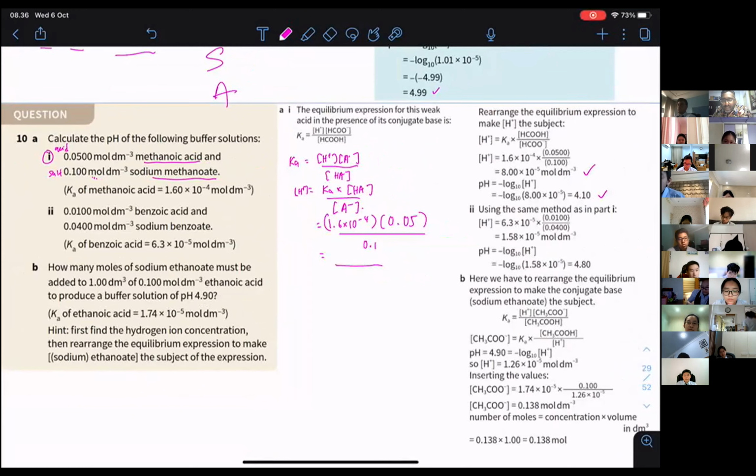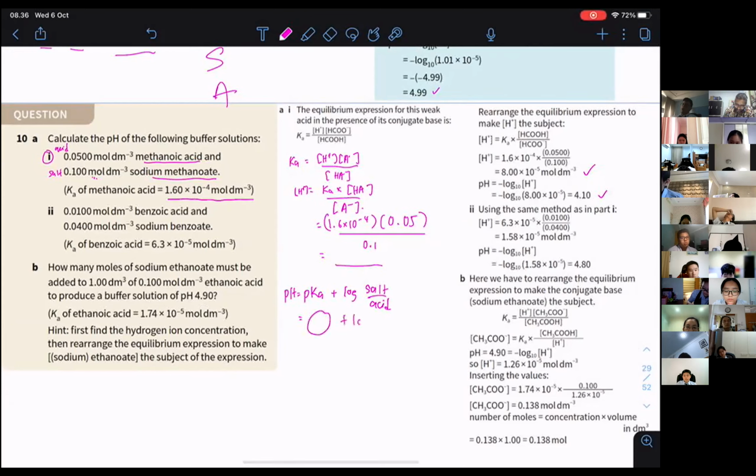But if I want to use the formula, still okay. You can still use the formula pH equals pKa plus log, remember SA, salt divided by acid. If you do it wrongly, then you will get a wrong answer. So pH equals pKa, and Ka you use the negative log of 1.6 times 10 negative 4, then you will get the value.